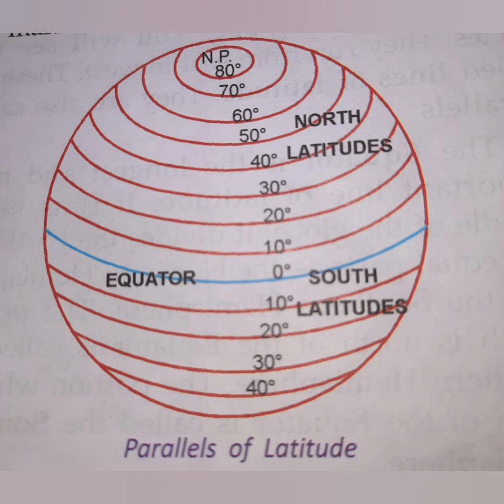Okay, and students, when we go to the lower side, that is the southern hemisphere, then we have to write S with the degrees: 10 degree S, 20 degree S, 30 degree S, and so on.